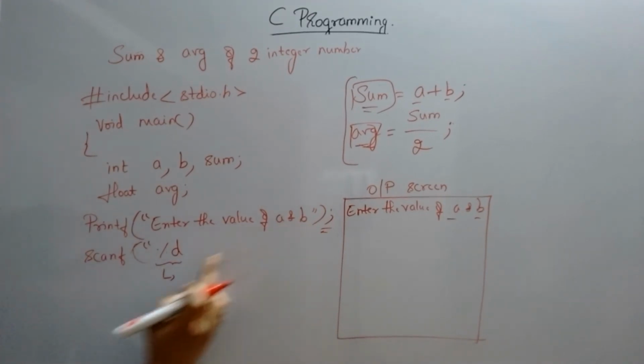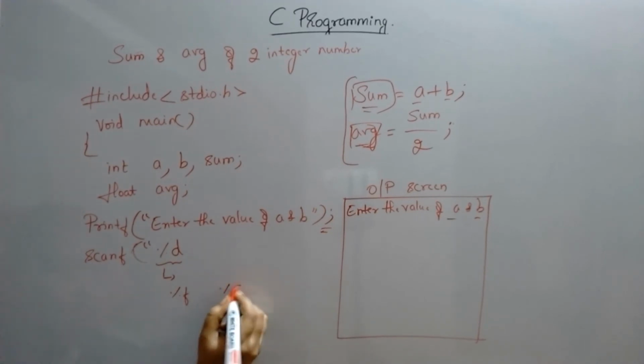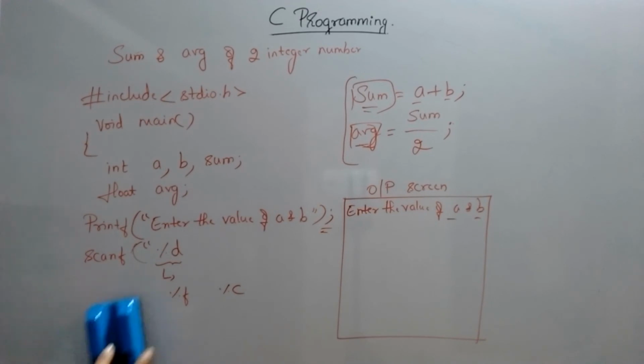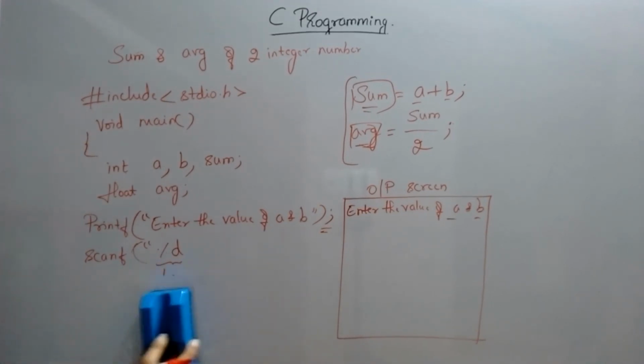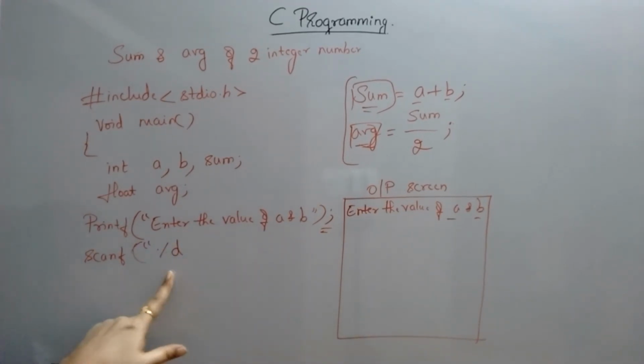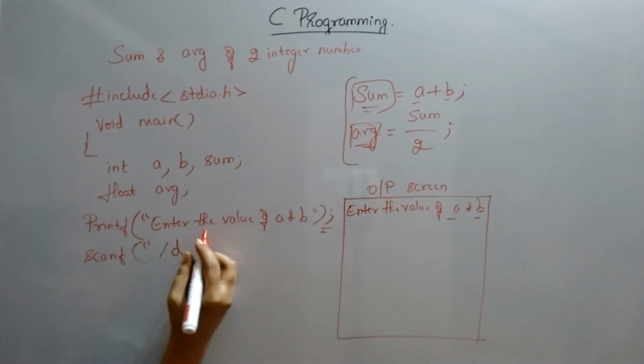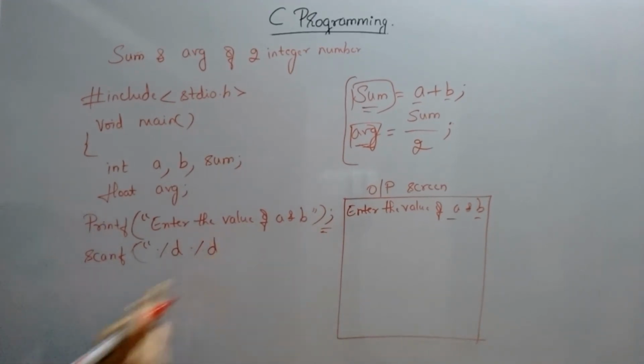For integer values I am going to use %d. For decimal values you can use %f, and for character you can use %c. Fine. Since I am entering two integer values, I am going to use %d. This is for A, and next %d, this is for B.